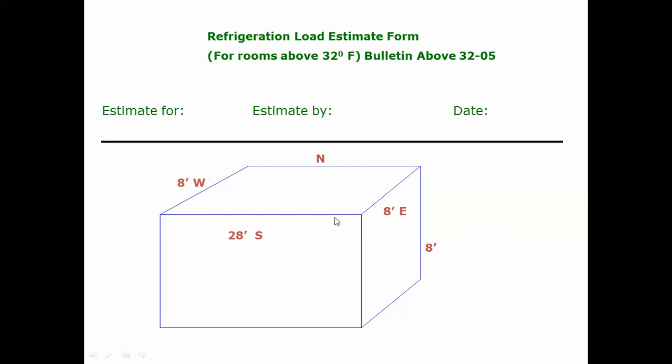So you draw this. This is an example. Don't forget to write the orientation: north, south, west, east, and the width is given as 8, height is 8, this is 8, and this is 28 feet. It's in feet, okay? So kindly draw this, please.